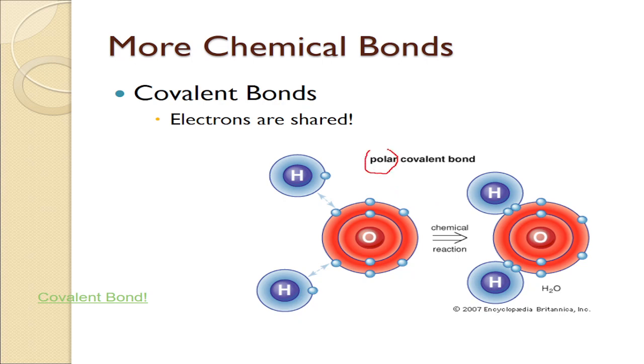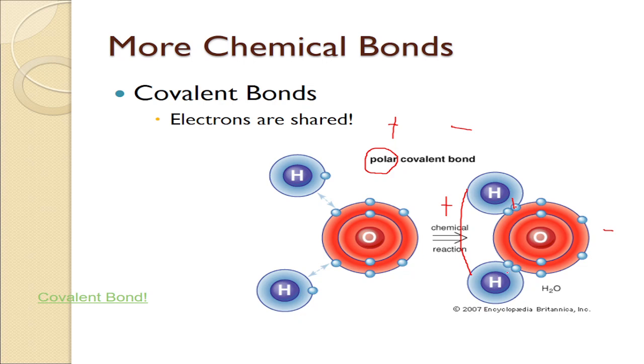Once we say polar, there are charges, like positive and negative. So one part of the molecule is positive and this one is highly negative, because the electron is pulled or shared to complete the octet rule.